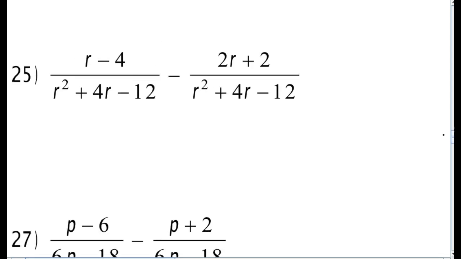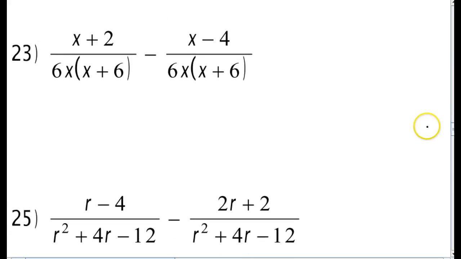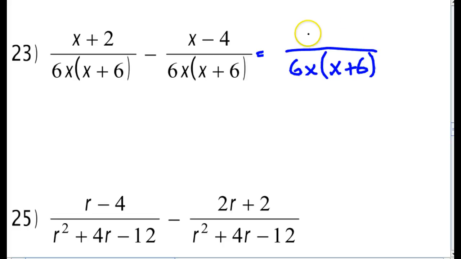Rolling right along. I'm going to do a few more. What do we got here? Bottom's already factored. That's nice. The top. 2 minus 4 is negative 2.